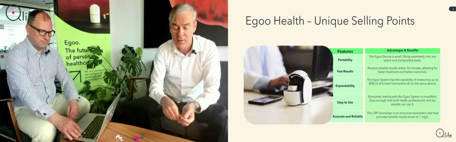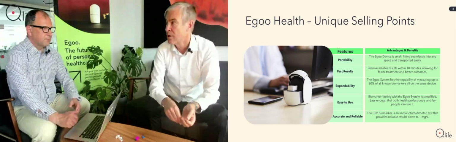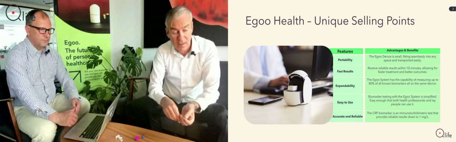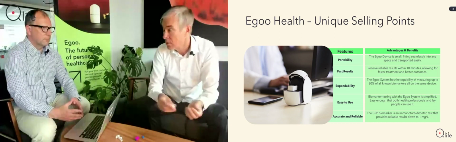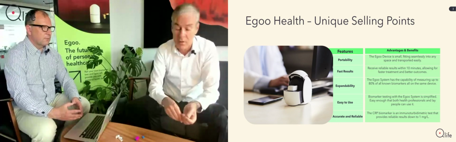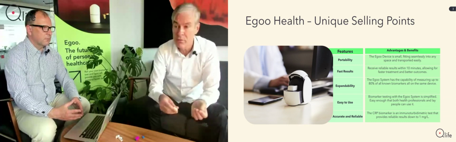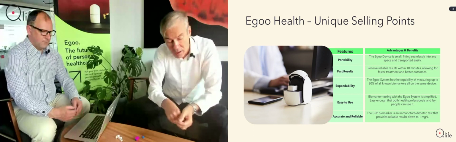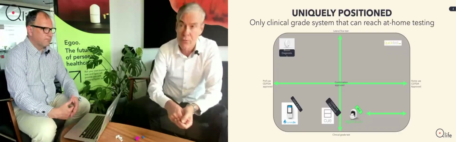I usually say that because we are measuring in full blood, and plasma, we can measure up to around 80% of all biomarkers which are relevant, and that goes for protein-based biomarkers, so immunodiagnostics, and DNA or RNA biomarkers, which was, for instance, COVID, SARS-CoV-2, influenza A and B, all those types of biomarkers. Viruses and bacteria are measured at the molecular level, so DNA or RNA. So we can do both, which is also quite unique, that the system is so versatile that it can do both.